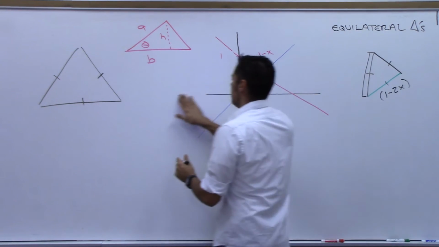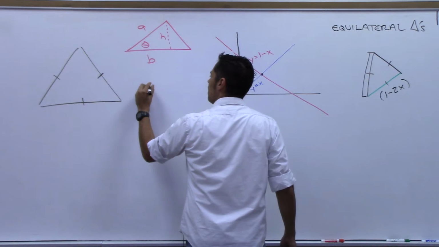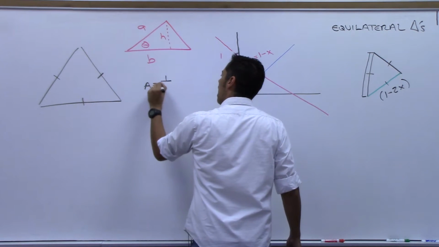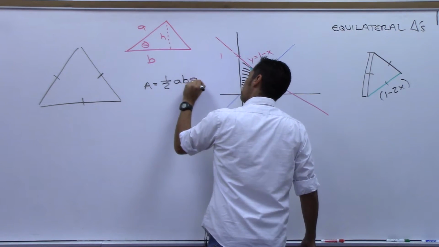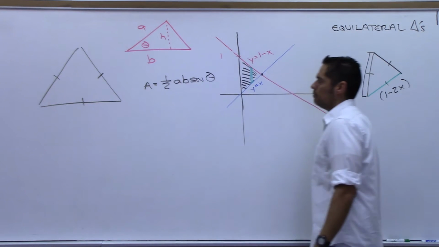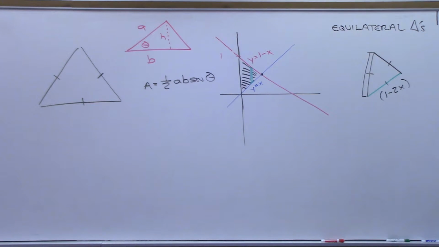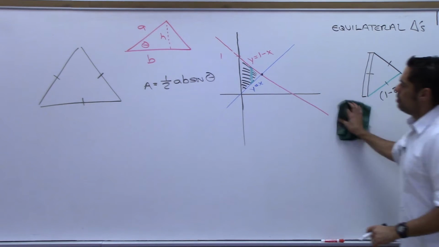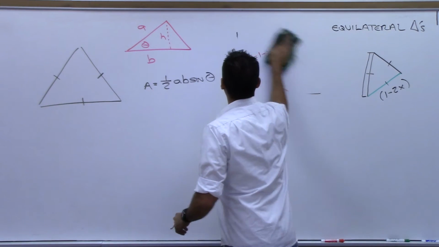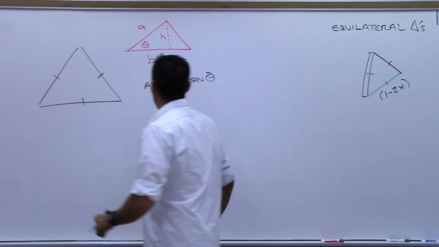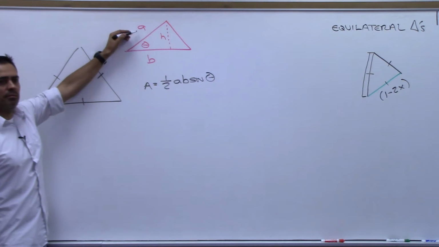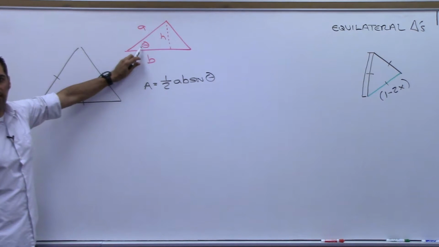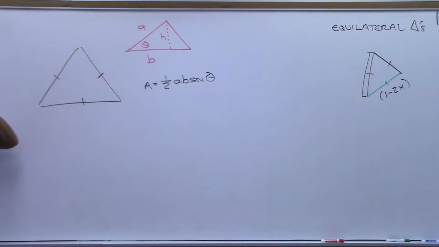So instead, I'm going to use this other formula that says that the area is 1/2 AB sine theta, where the angle is in radians. Well, it doesn't matter if it's in radians or degrees, actually. What's great about this formula is that if you know 2 sides and the angle between them, then you can find the area of a triangle.